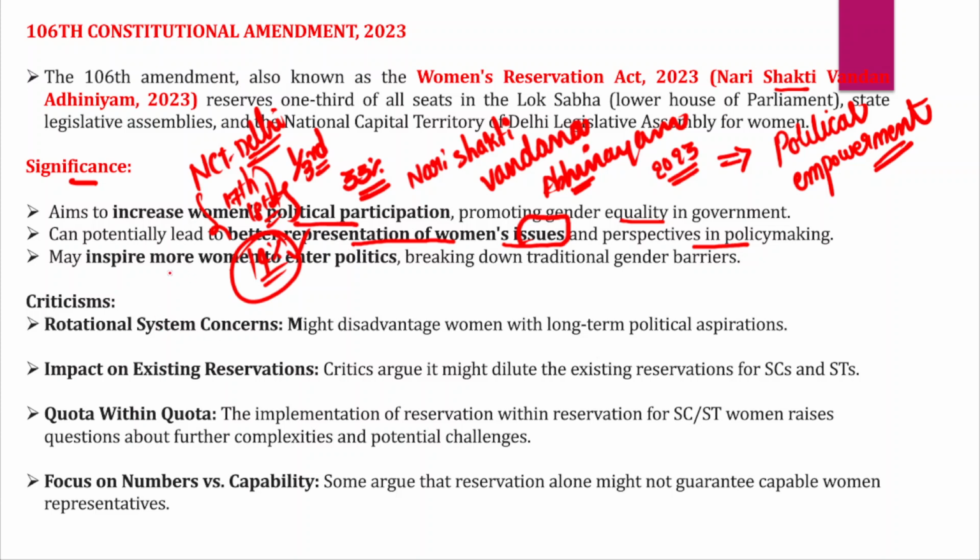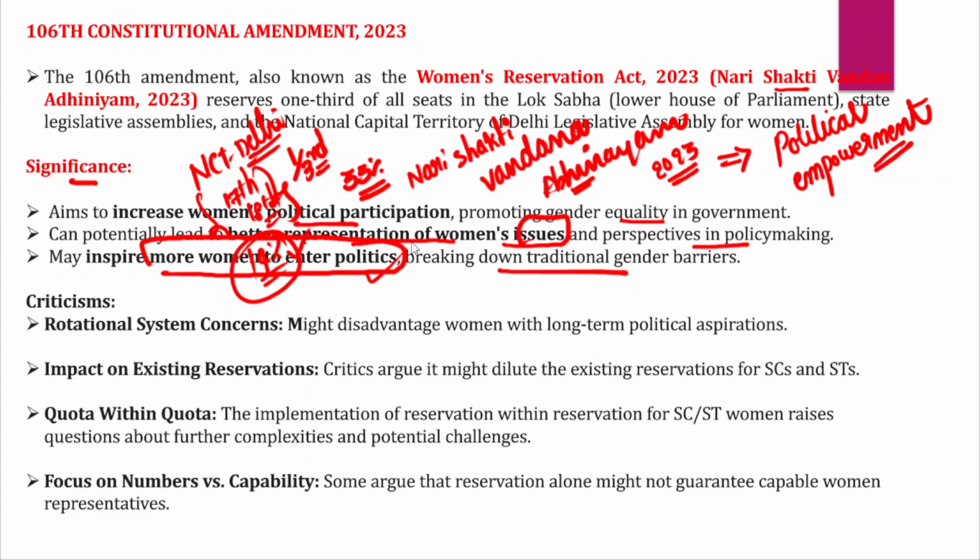It may also inspire more women to enter into politics, breaking down the traditional gender barriers. It is very important that we break down the traditional gender barriers, and that could be possible when more and more women are entering into politics.